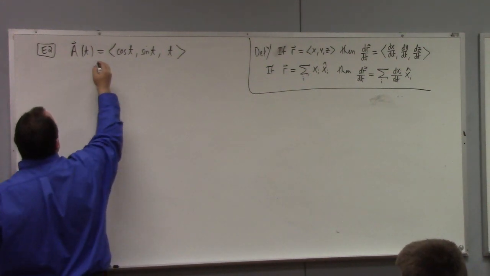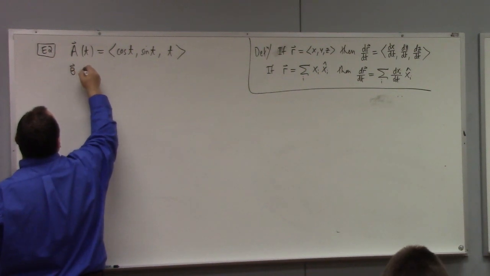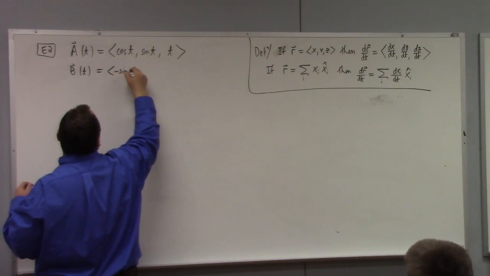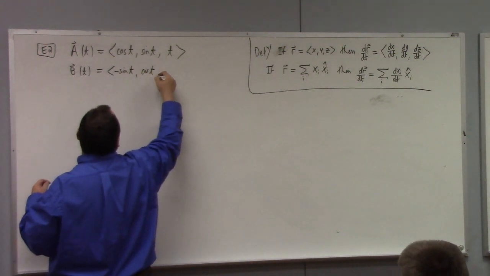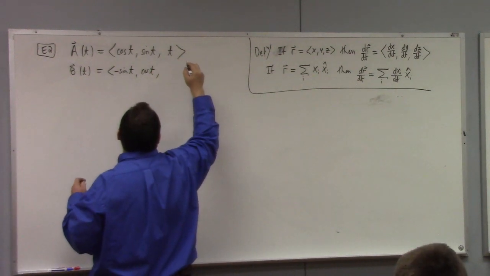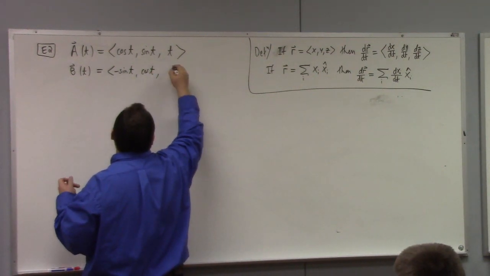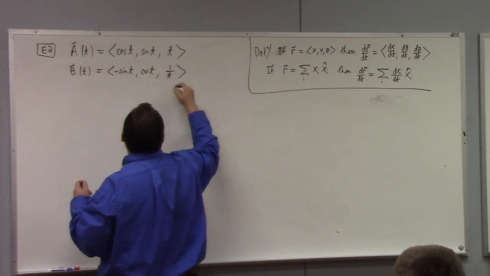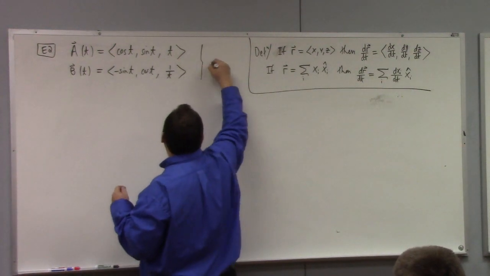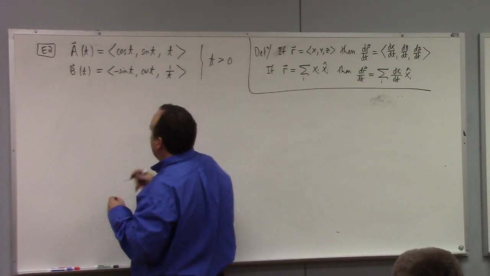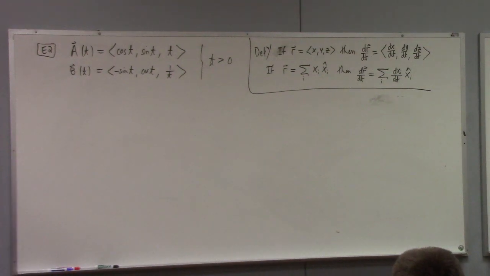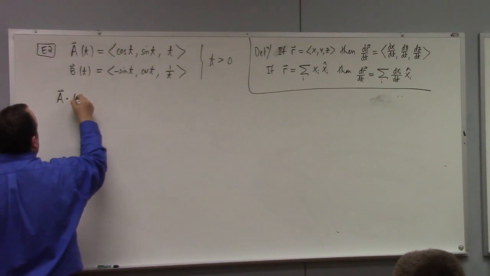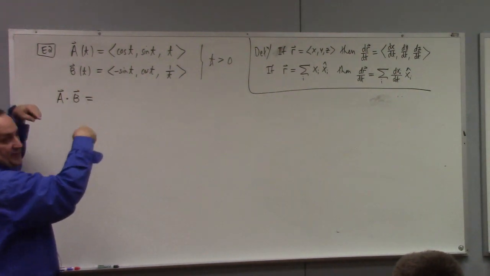And then we have b of t, which we could let be (-sin t, cos t, 1/t). Just for the sake of discussion, we'll assume t is greater than 0. This should be interesting. What's a dot b in this case? So you take the dot product of these two vectors.